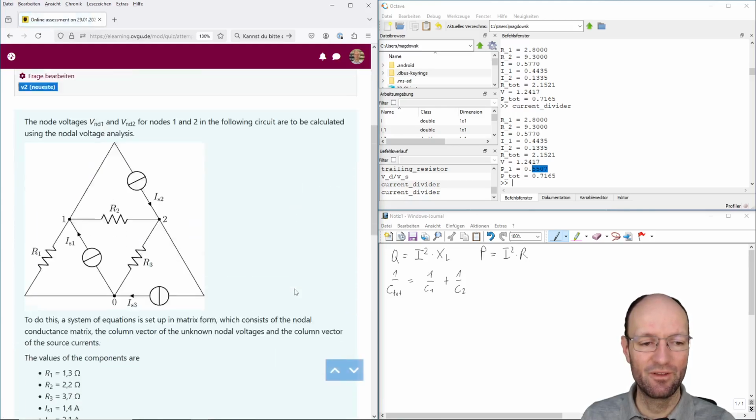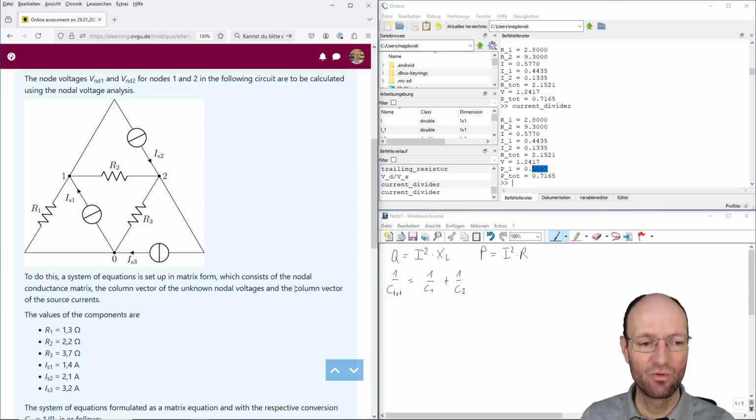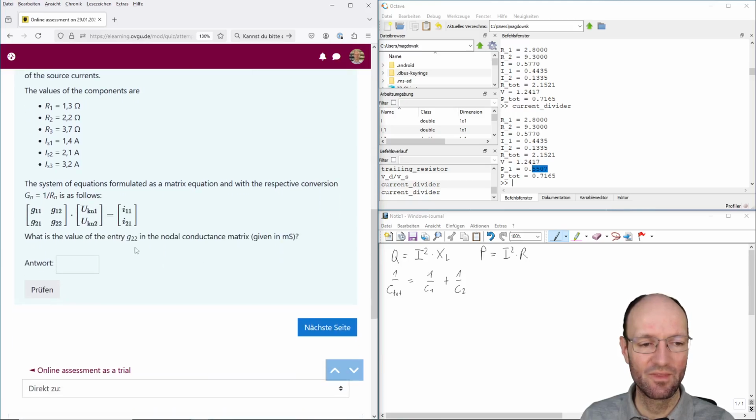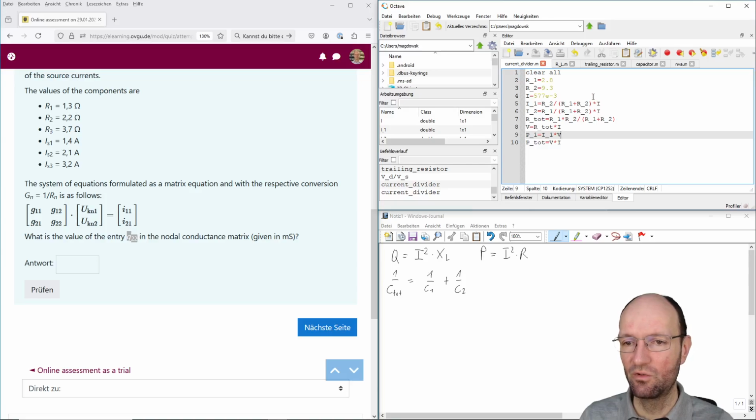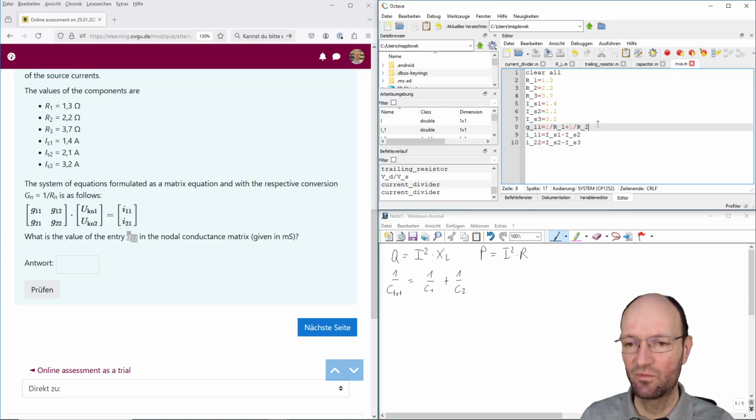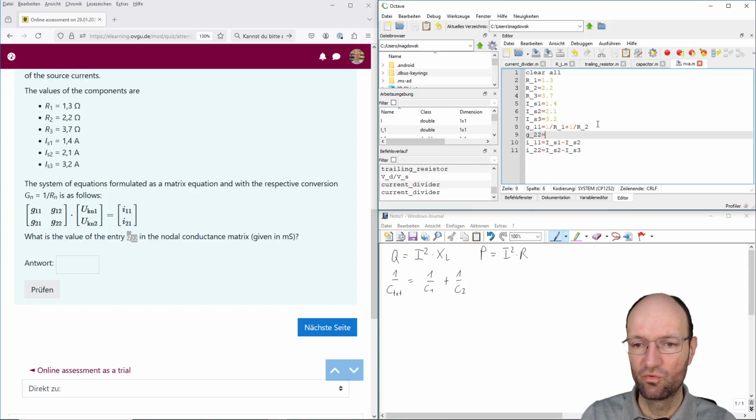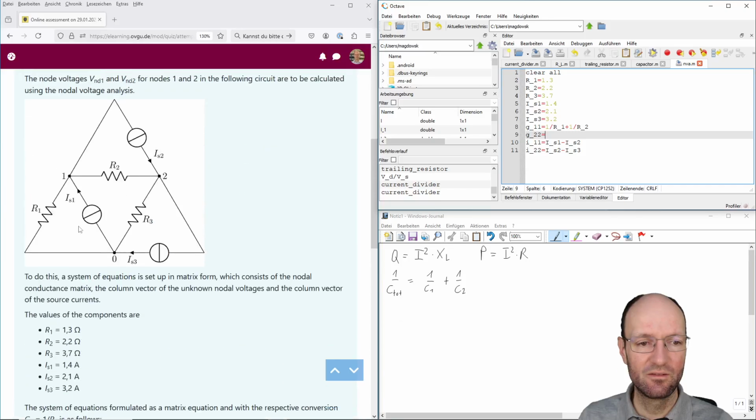Then we have another question related to this nodal voltage analysis. The question is, what is the entry G22 in this nodal conductance matrix? So this was this script, and G22, the entry on the main diagonal, can be calculated from the sum of the conductances of the resistors that are connected to this node.